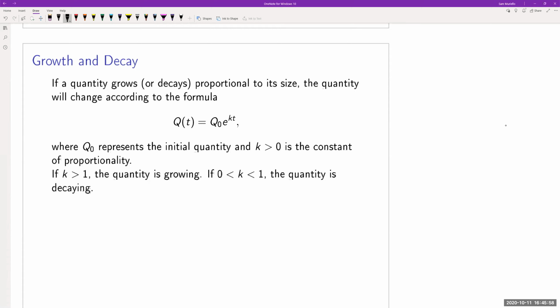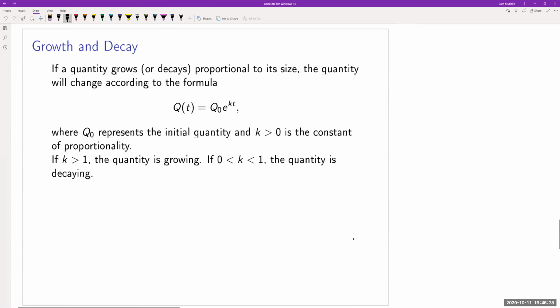You could have the idea of radioactive decay, where something has a half-life, and the more of it there is, the more quickly it decays. But as it starts to decay, there becomes less of it, so it decays more slowly. You could have the idea of something cooling off or heating up inside of a room, approaching a given temperature, like we saw in the previous example in an earlier video with a cup of coffee.